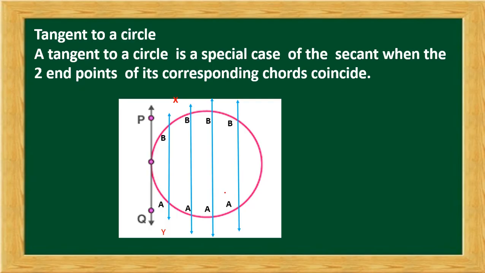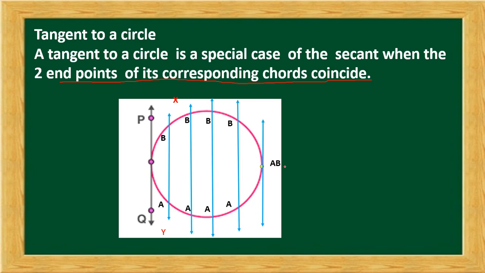Now let us look at what will happen now. When the secant is drawn parallel to this, it touches the circle at only this point, and now these 2 points A and B become the same. Here the two endpoints of the corresponding chord coincide. If AB is the chord, these 2 points coincide at one point.